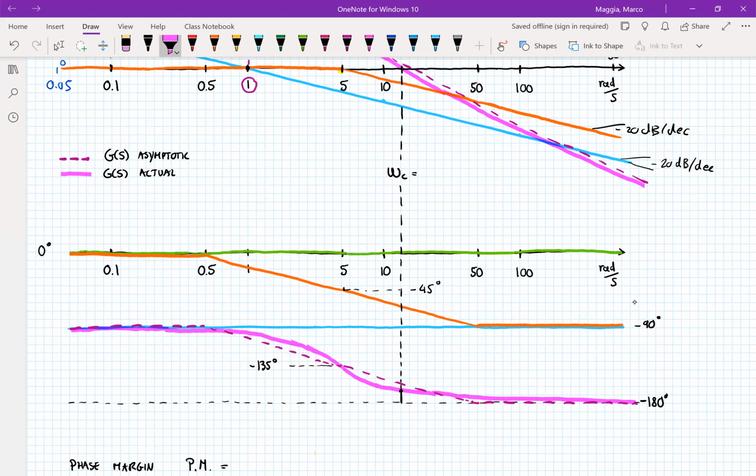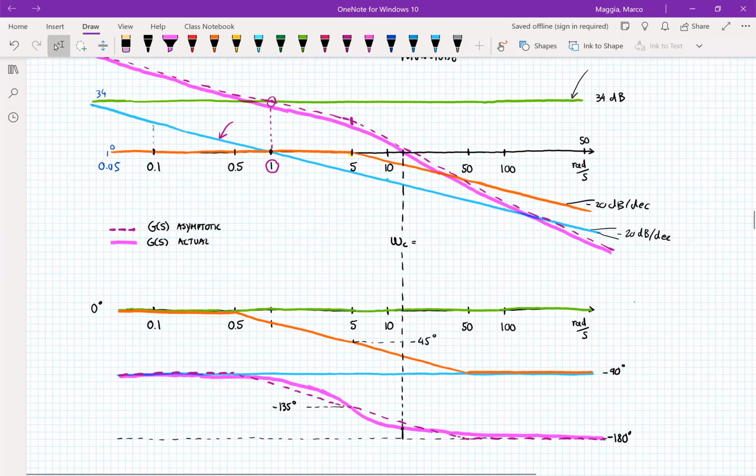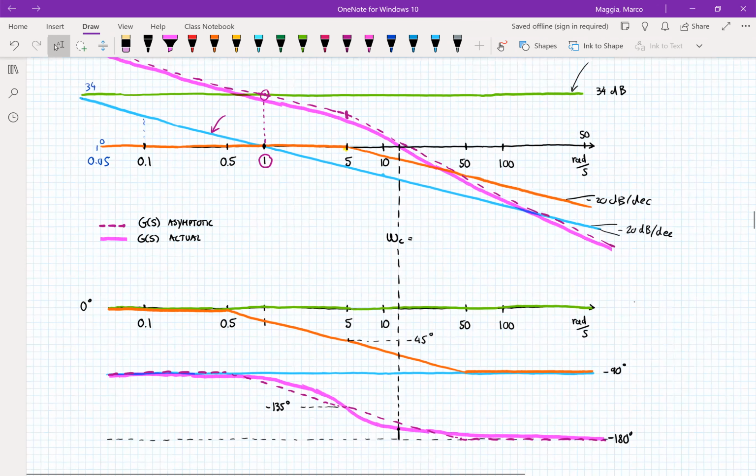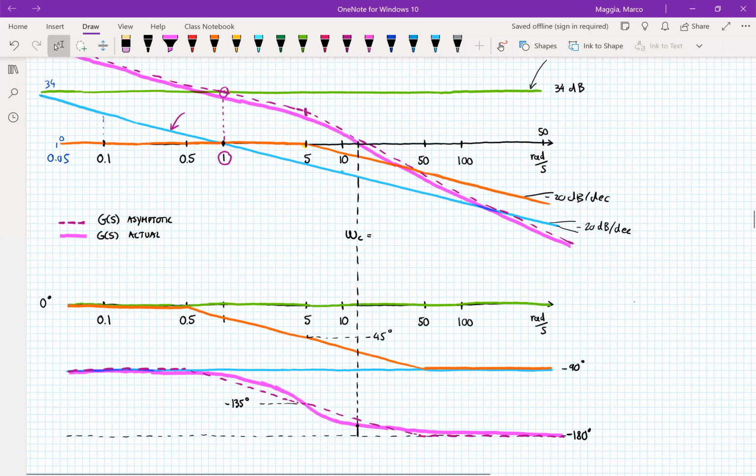All right, very good. So now let's see, at least graphically speaking, where the phase margin and the gain margin are. Well, we're only interested in the phase margin. So the phase margin is the difference between the actual curve and -180.